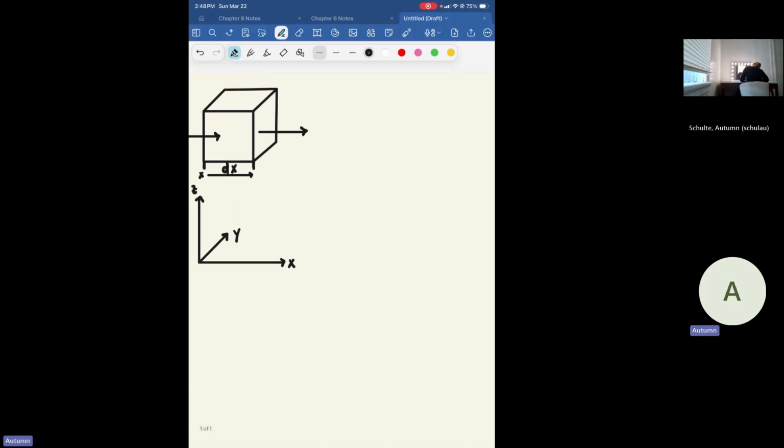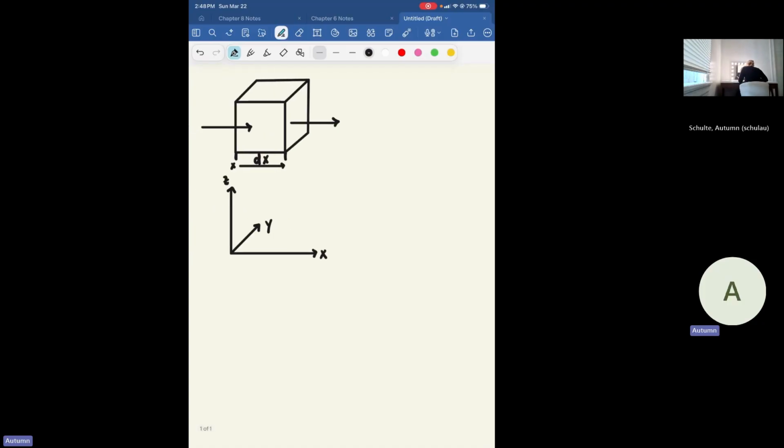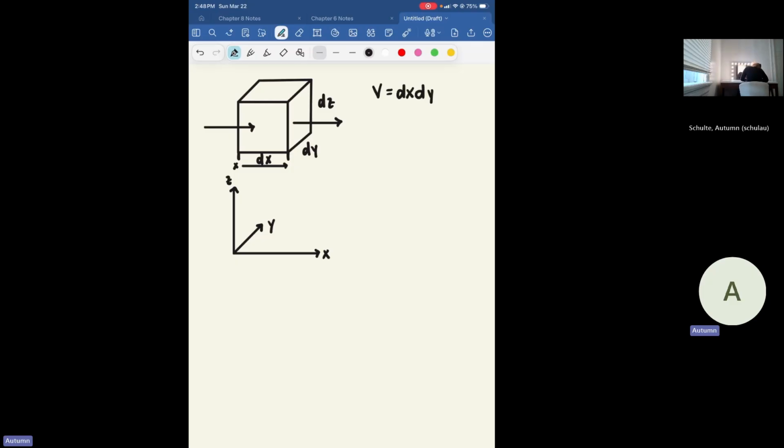And the same can be said for dy and dz. This means that our volume for this cube is going to be dx times dy times dz.